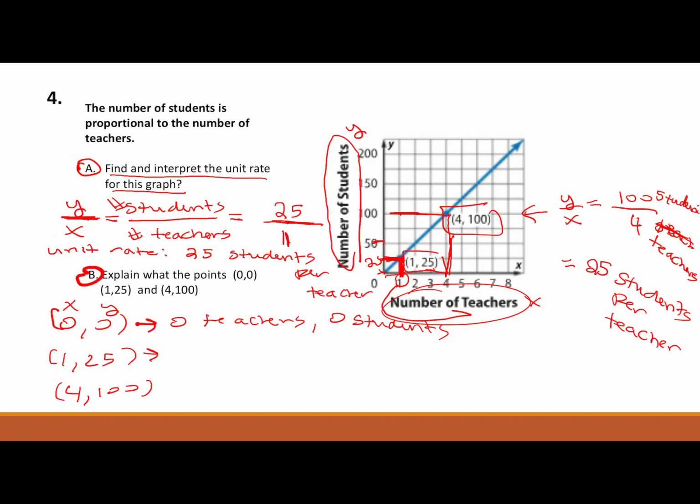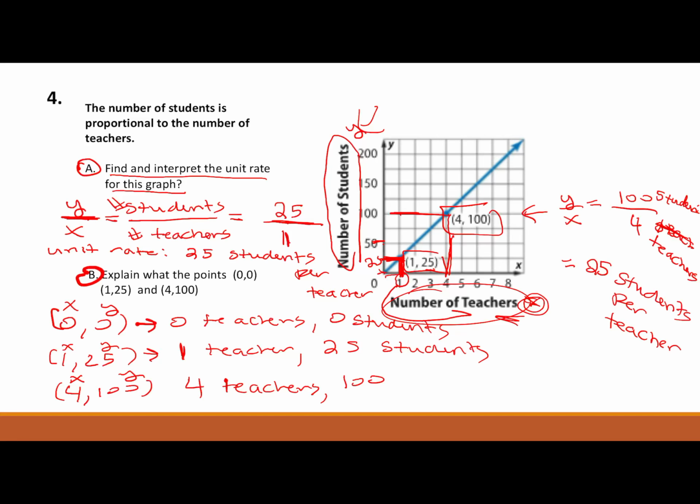Remember we said there's 25 students per teacher. This one, x is 1, x is teacher, so 1 teacher, 25 students. X here is 4, so 4 teachers. The y coordinate is 100. Remember, the y coordinate represents students. 100 students.